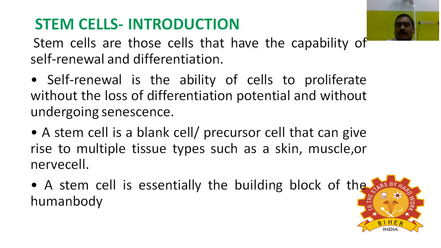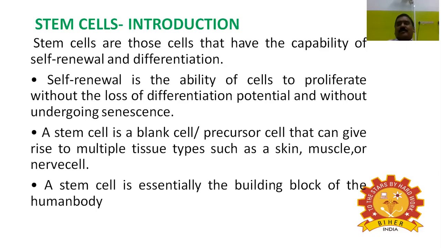The definition of a cell is the basic structural, functional, biological unit of all living systems. The word cell is derived from the Latin word cella, which means a small room. So the cell is the structural, functional unit of all living systems.